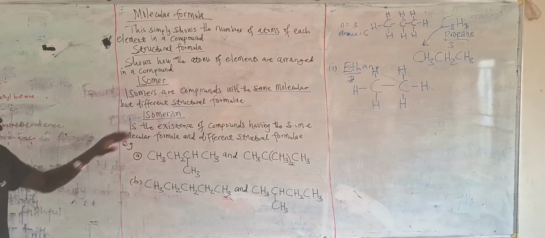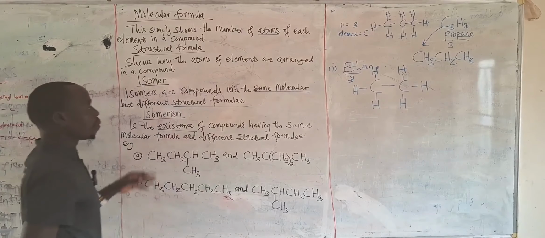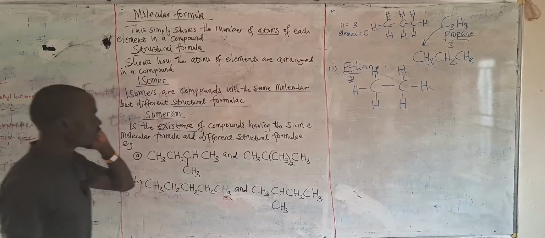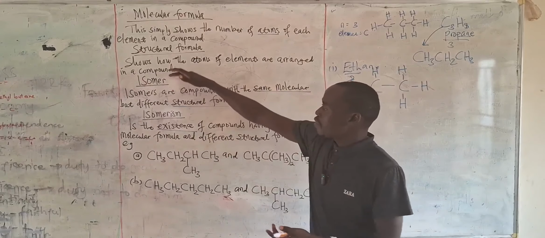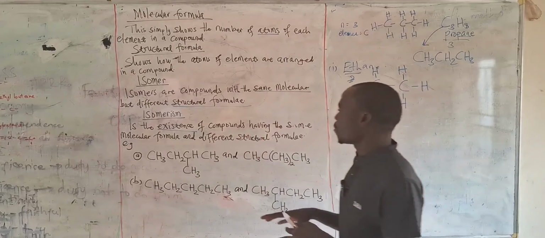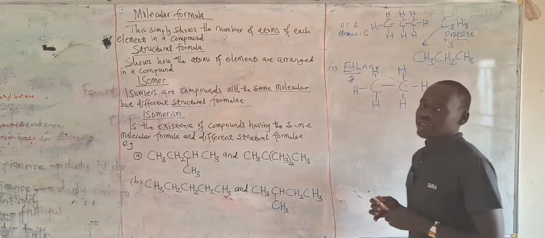Then also isomerism. So isomerism is simply the existence of compounds in this format of isomers. We shall see critically that you can distinguish between isomer and isomerism. So isomers are the compounds themselves, with the same molecular formula but different structural formula.